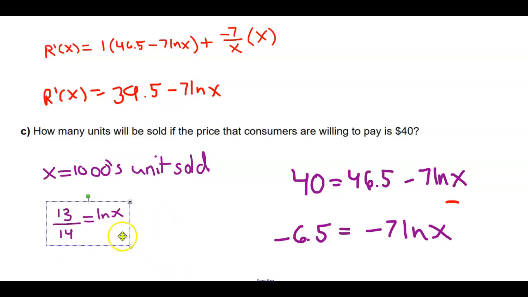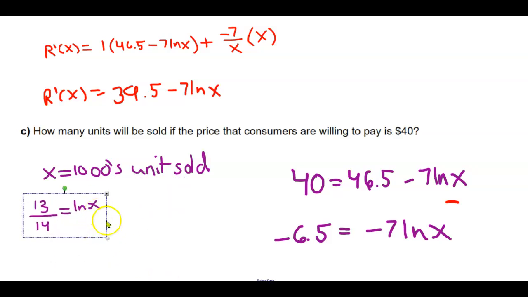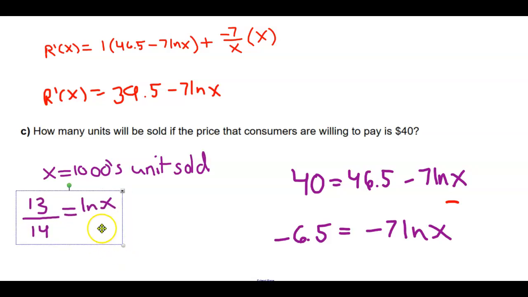Okay, so now we've got this piece, and our last step is to rewrite this using its inverse. If you were solving an exponential equation, you would isolate the exponential piece and then write it as a logarithm. Here we're solving a logarithmic equation, so we're going to isolate the logarithmic piece and then rewrite it as an exponential one. The exponential form is, well, it's natural log, so it implies base e.